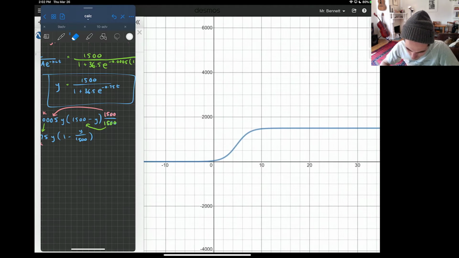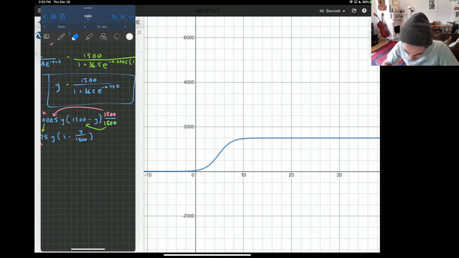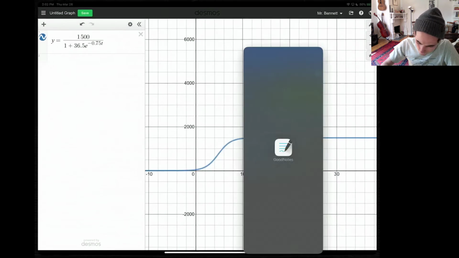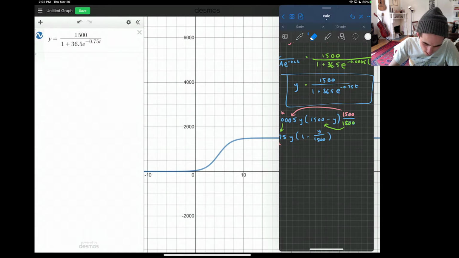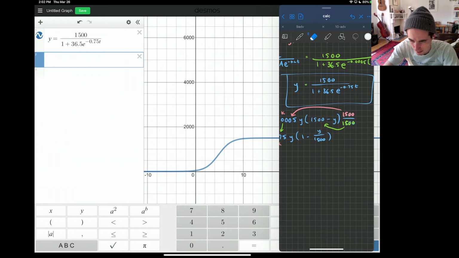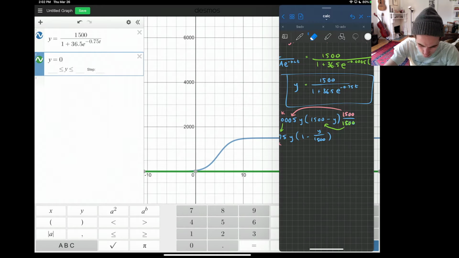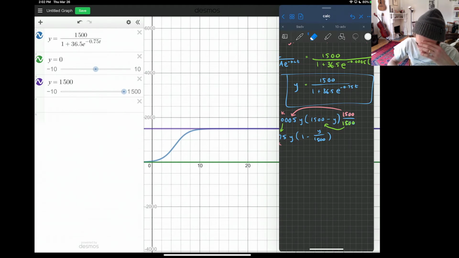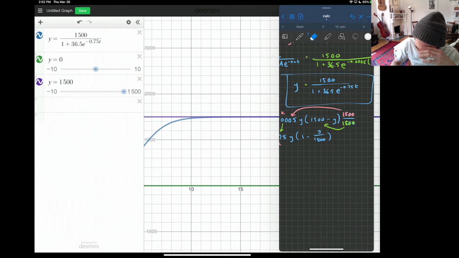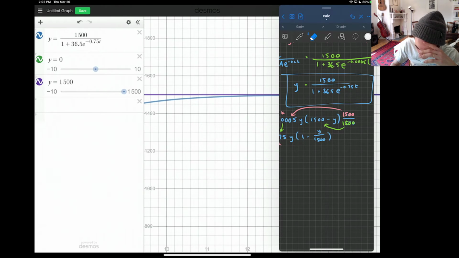Anyway, we don't have to have a logarithmic scale. But you can kind of see what's going on here. So we've got two horizontal asymptotes. I'll graph them both. One is y equals 0, and the other one is y equals 1500. So there you have it. We got awfully close to 1500, but we don't actually reach it.